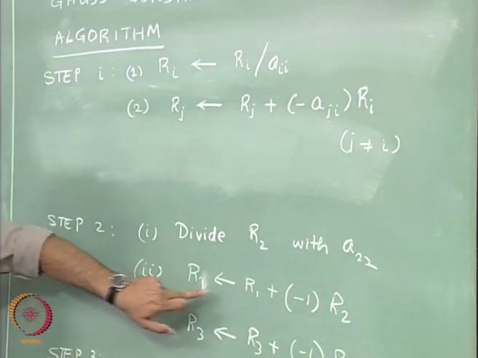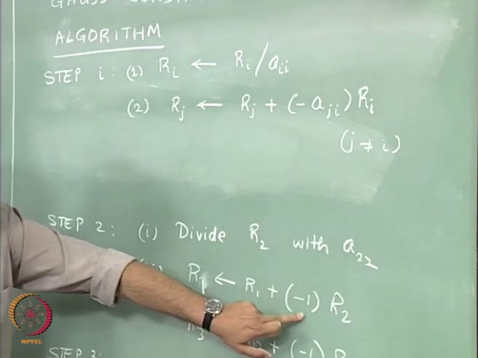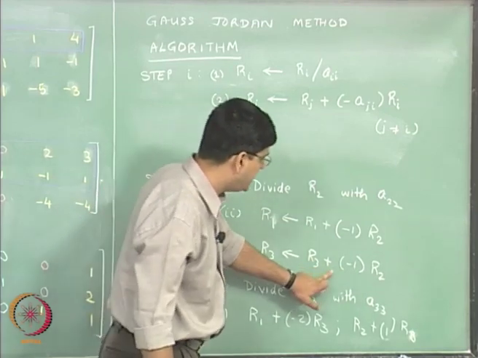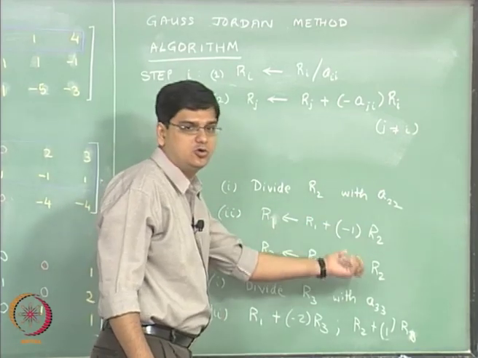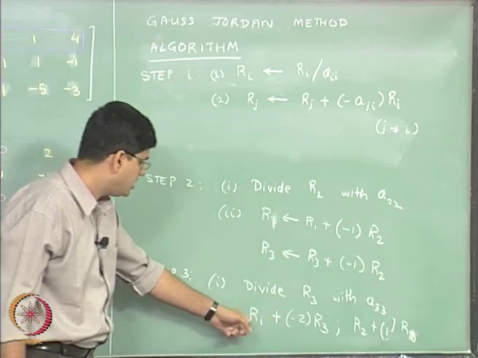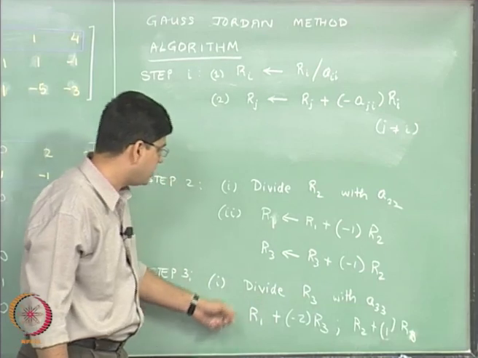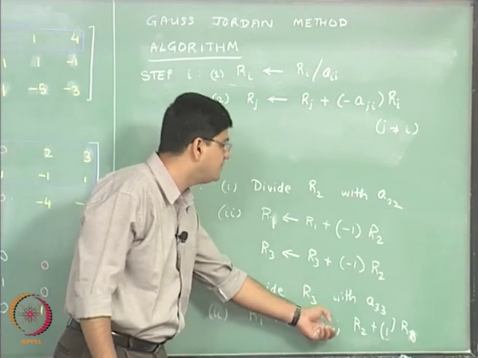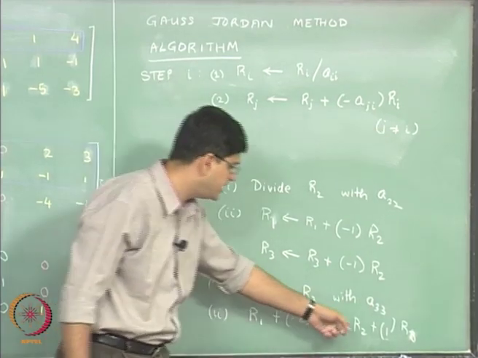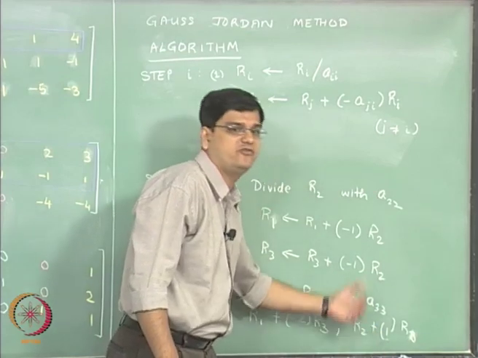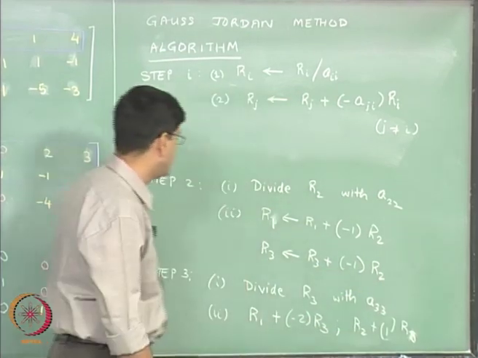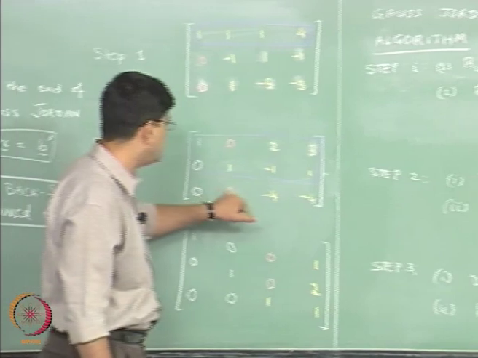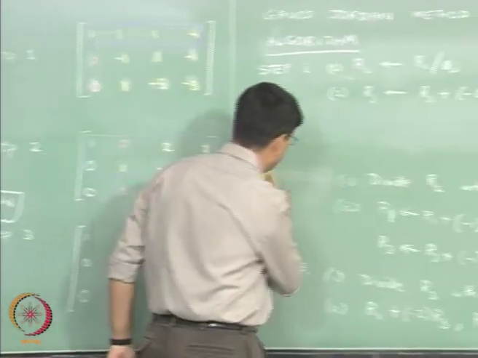So R1 is R1 plus negative of A12 multiplied by R2, R3 is R3 plus negative of A32 multiplied by R2. Likewise in step 3, R1 is R1 minus A13 multiplied by R3, R2 is R2 minus A23 multiplied by R3. Okay. And each of those row operations itself has multiple operations for each element in that particular row.